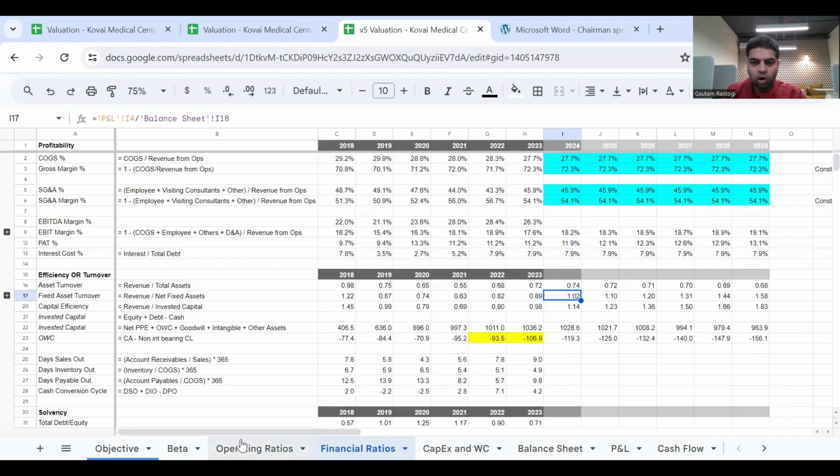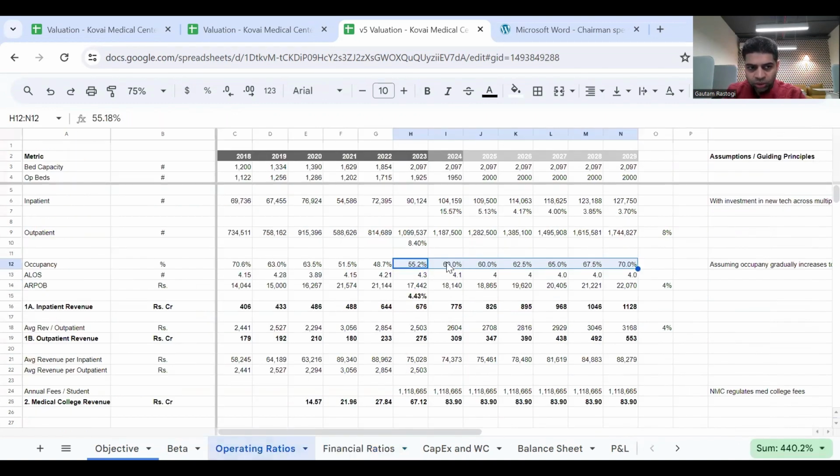If you go to the operation ratio sheet, you would see my occupancy is increasing from 55 to 70%. So you would have more patients coming in, which should lead to better asset or bed utilization, and how that plays out in the financial ratios is that it should lead to more capital efficiency.